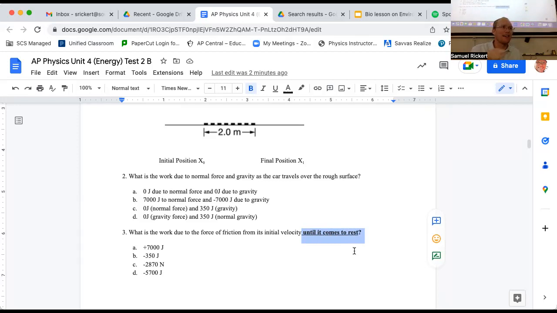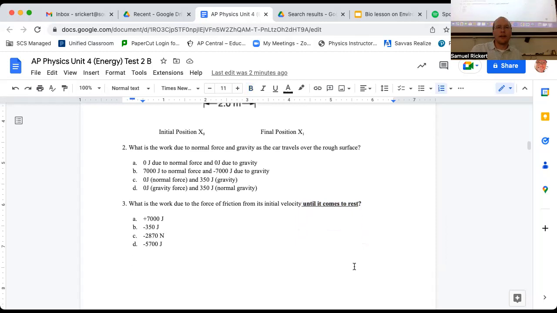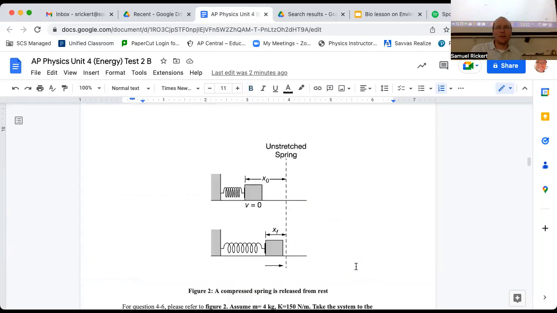Make sure you read it completely and take your time, because if we change the parameters just a little bit, it can change the question completely, especially if it has to do with friction, as you've seen many times in this class in both MCQs and FRQs. Yeah, friction, so much fun.